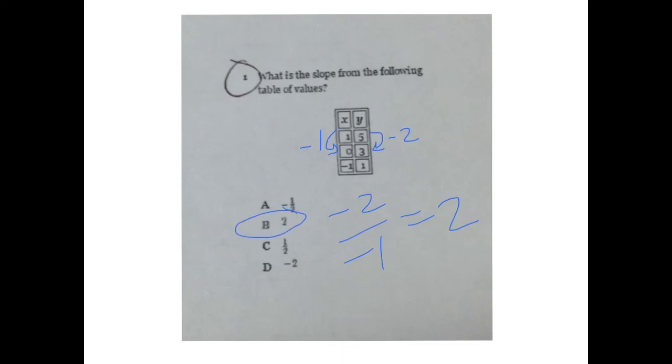And there's our answer. If we go to stat edit, we push stat on our calculator, 1 for edit. Under L1 we put 1, 0, -1, and under L2 we put 5, 3, 1.